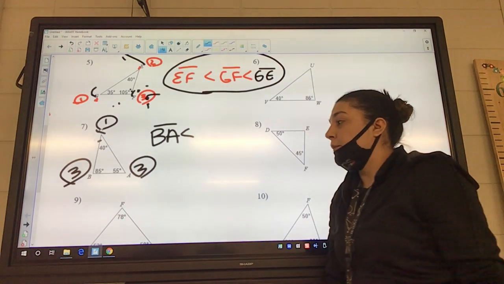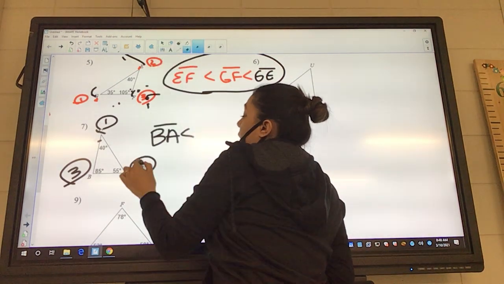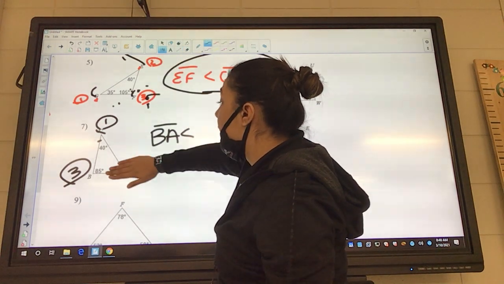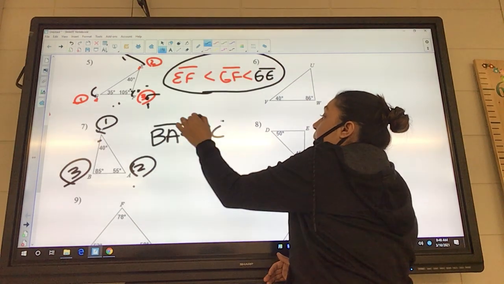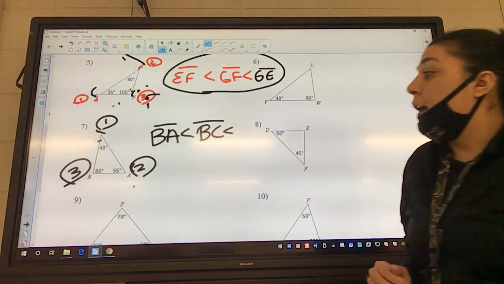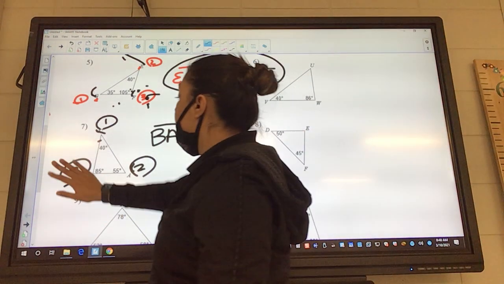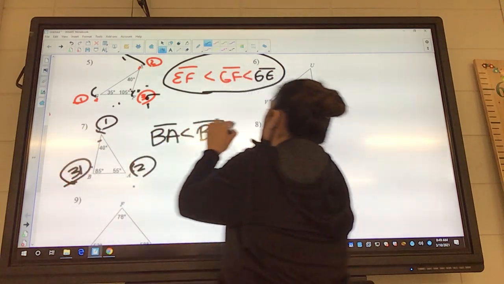What's the next one? The next one we're using is 2 or A, and so BC is going to be the only thing left. So BC. And then the third one that we're going to have left is going to be B, and so it's going to be CA.